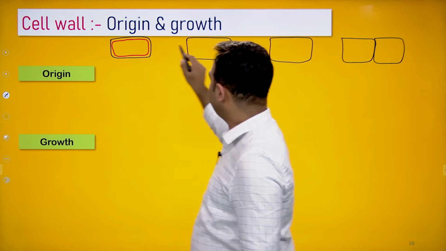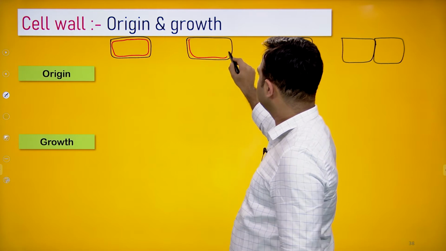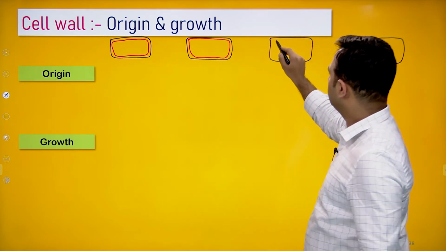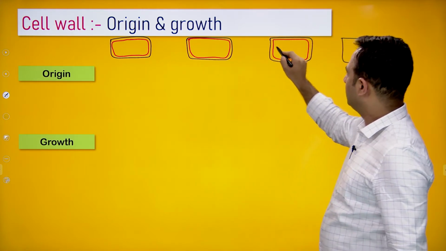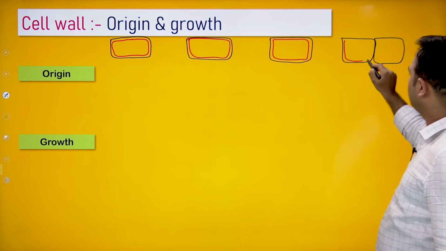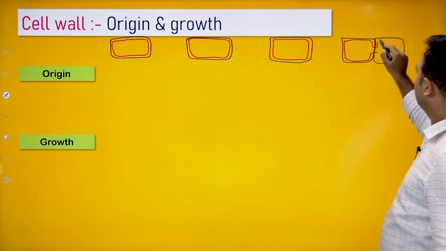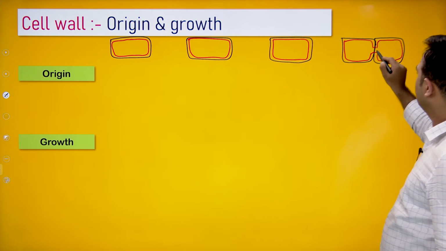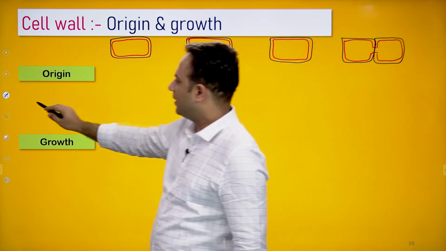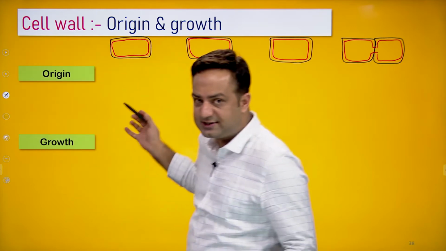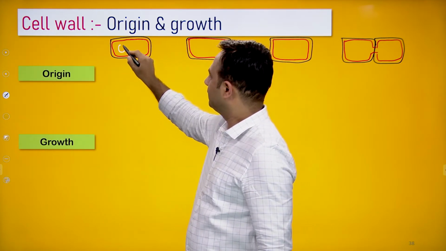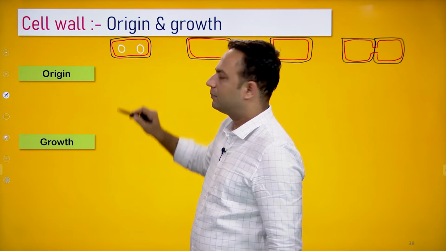This is the plasma membrane. And then importantly, because the cells are dividing, daughter nuclei.